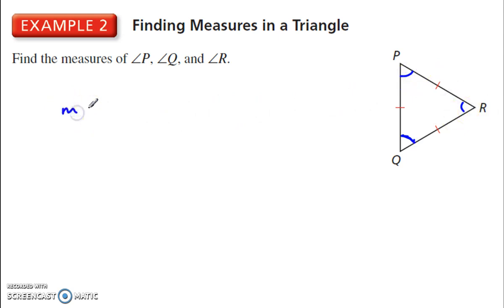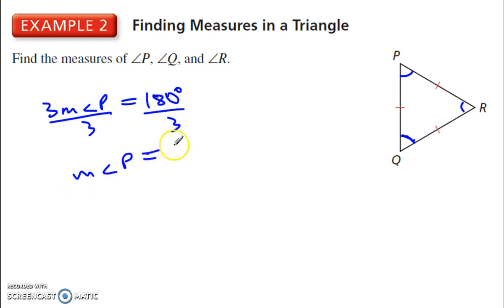So 3 times the measure of one of those angles, P, is 180. So we can divide that by 3, and the measure of angle P is 60 degrees, which is equal to the measure of angle R, which is equal to the measure of angle Q.